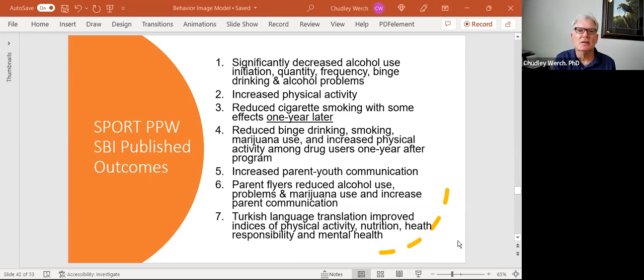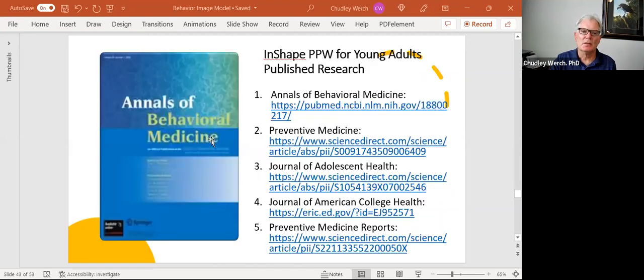And lastly, when sport was translated into Turkish language, it was found to be effective across multiple health behaviors, even in a very different culture in Istanbul as compared to US culture. So highlights, I think, the robustness of the behavior image model.